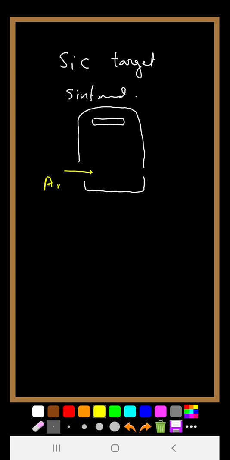We ionize argon gas and we allow the ionized argon gas to hit the target, and then we also allow nitrogen gas. So in the case of sputtering, this is where the substrate is kept, so atoms coming from the target ultimately get deposited onto the substrate and we have got a film.